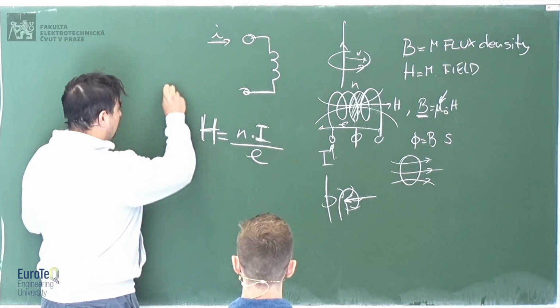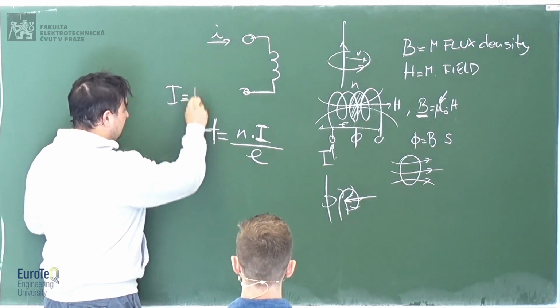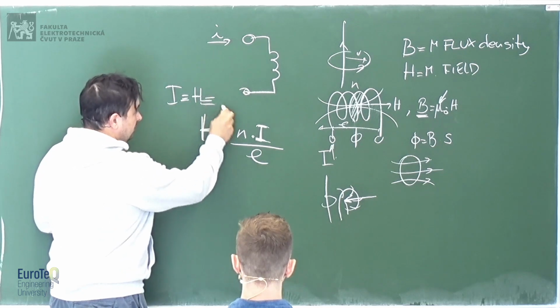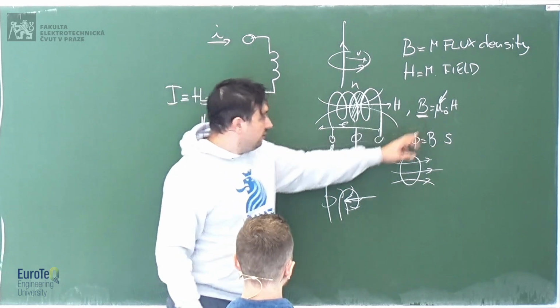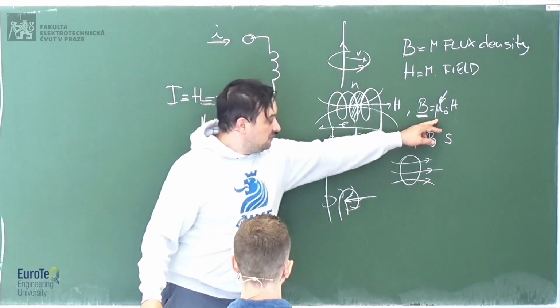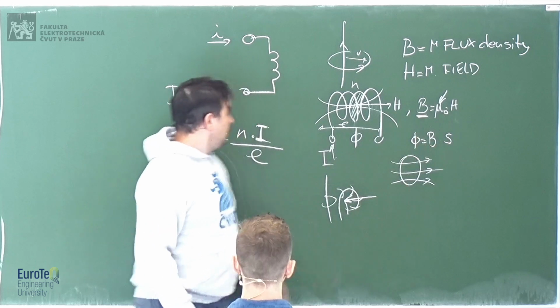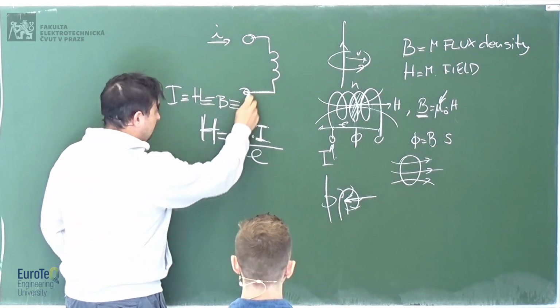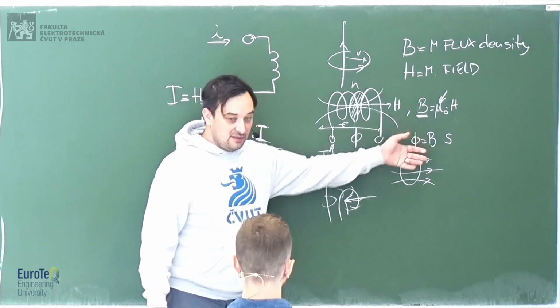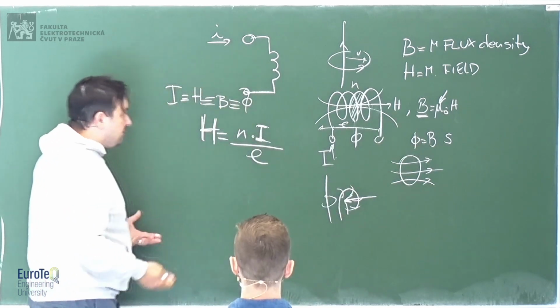So the current is proportional to H, which is proportional to B, because we have this mu, which is a constant, which is proportional to the flux, because it's just a matter of surface. The flux is just the flux density times the surface.